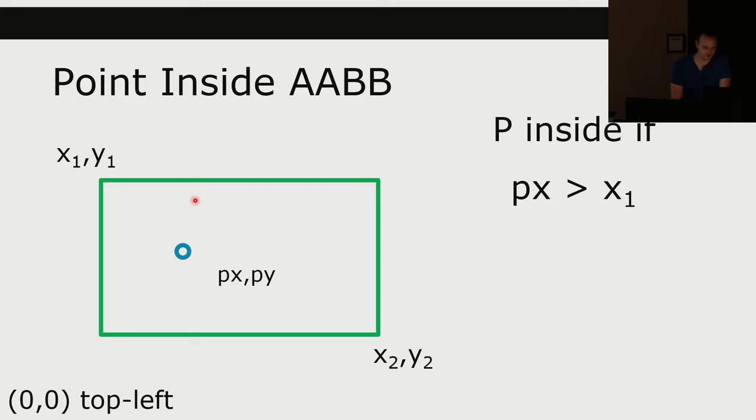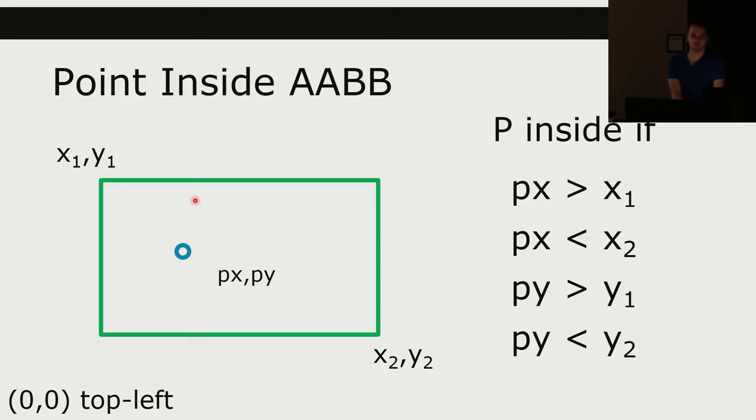Well, px is going to have to be to the right of the left wall. That's what this is. So if px is greater than x1, it's going to have to be to the left of the right wall. And you can see where this is going. It's going to have to be below the top, and above the bottom, right? So 4 different calculations here. And if all of these are true, then that point is within that rectangle.